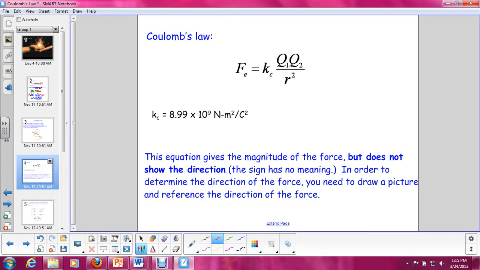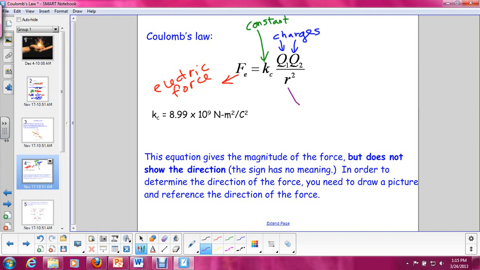So Coulomb's Law tells us that the electric force between two charges is equal to a constant, which I'll get to in a second, times the charges, and this is the magnitude of the charges, how big they are, and divided by the distance between those objects, or those charges, squared.